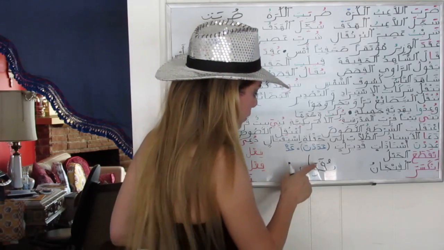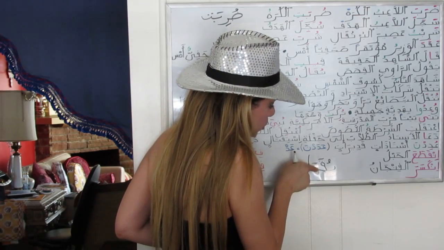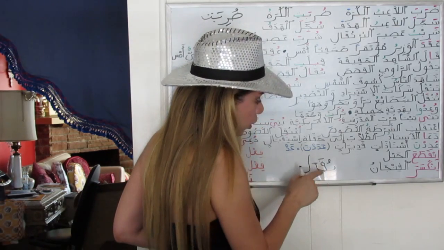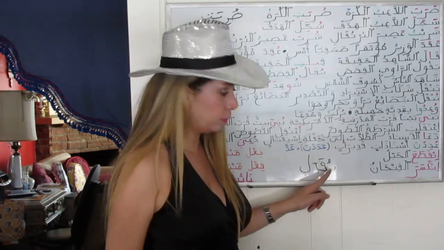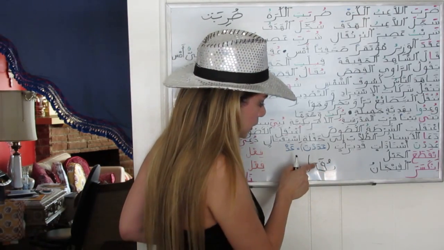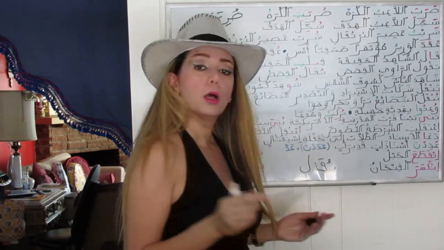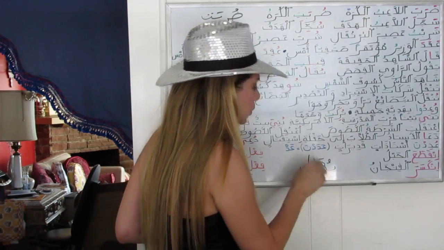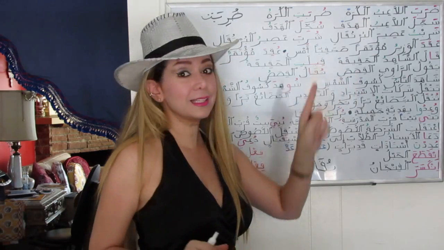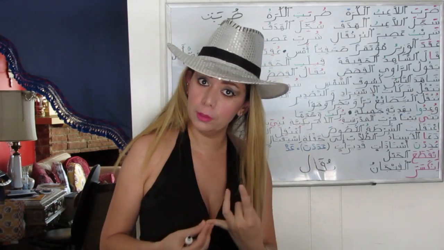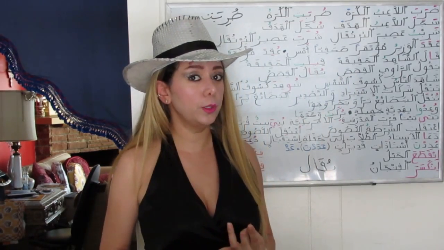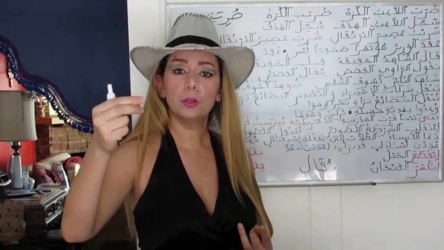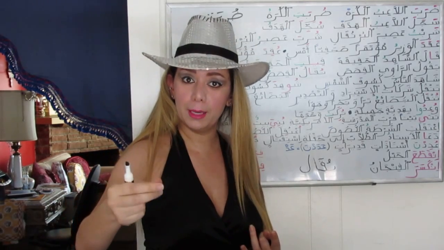What is the best match for fatha is the alif. So we will convert this to alif. We already have fatha before the alif, so we're fine. We don't need another short vowel above the long vowel alif. So we say يقال. And since القصص is a non-human plural, what kind of conjugation do we use? Singular, third person, feminine.